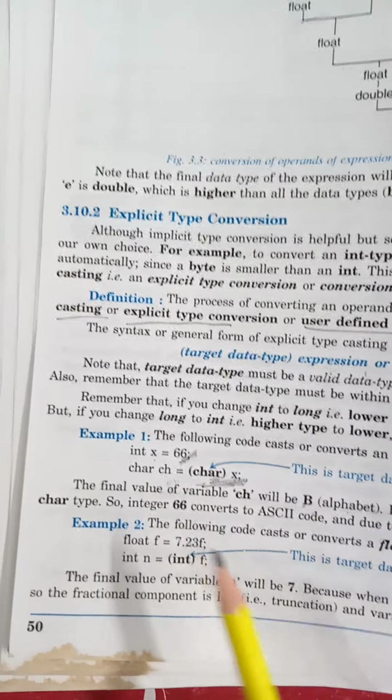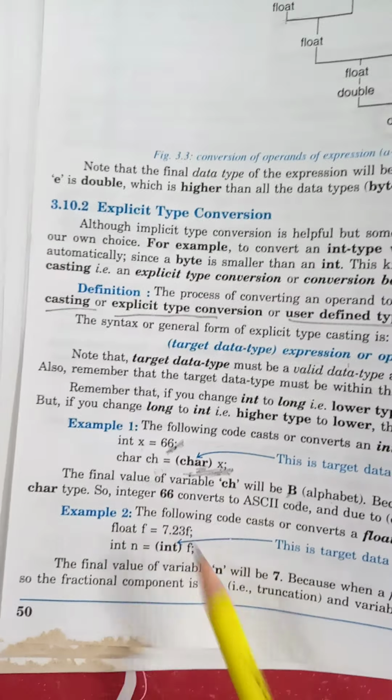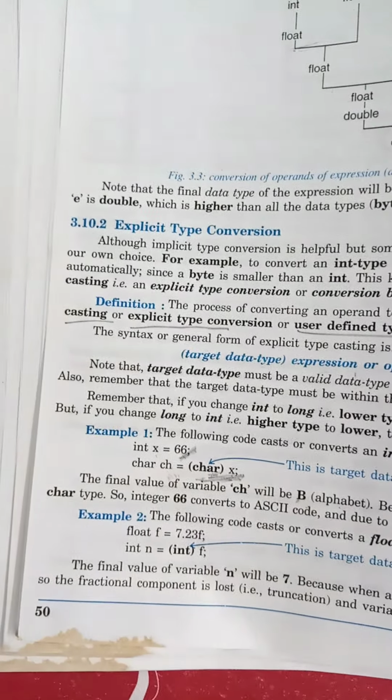So if you print ch, you will get alphabet B on the screen.